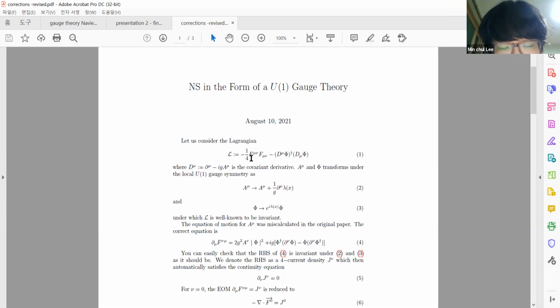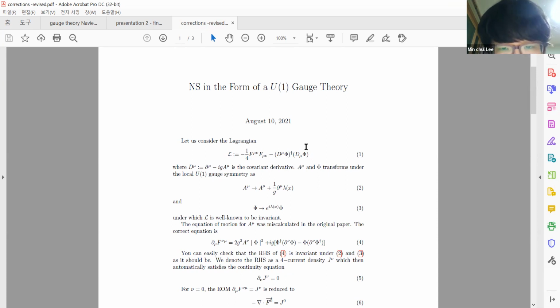So let us assume that A mu, where mu is the index that labels the space-time components, can have the values 0 and 1 to 3, 0 meaning the temporal component, 1 to 3 meaning the spatial components. So A mu is a 4-vector in R4.